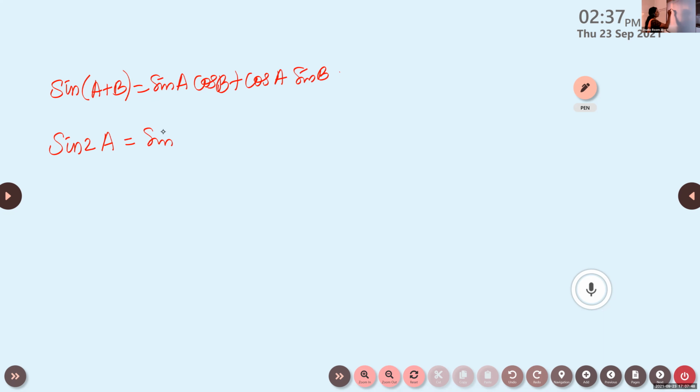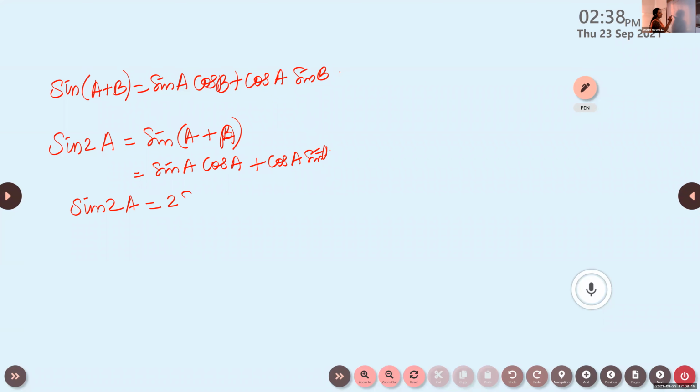It is sine of A plus A. In the place of B also we put A. So what do you get by the expansion? Sine A cos A plus cos A sine A. Is it correct?